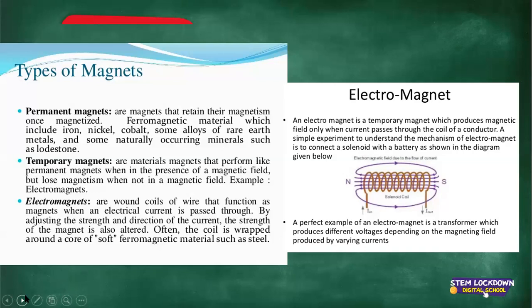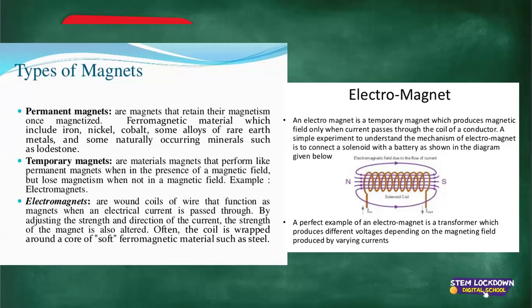Now, if we look here in this picture on the right-hand side, an electromagnet is a temporary magnet which produces a magnetic field only when the current passes through the coil of a conductor. If they ask you in an exam, what is an electromagnet, you're going to give this answer: it's a temporary magnet that produces a magnetic field only when a current passes through the coil or conductor.